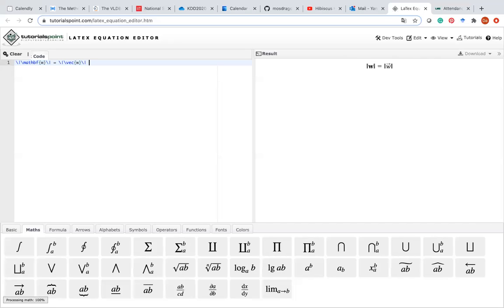So what is this? This is actually equal to, I think, maybe sqrt, the square root of W1 square plus dots plus WK square.